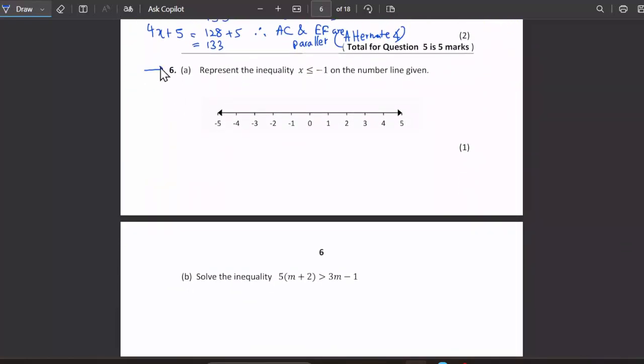Okay, now we have to represent this inequality on the number line given. The first thing you have to do is mark this number on the number line given. First do not color the dot, just put a round on this given number and check whether you have here just the lesser than or greater than sign or with the equal sign.